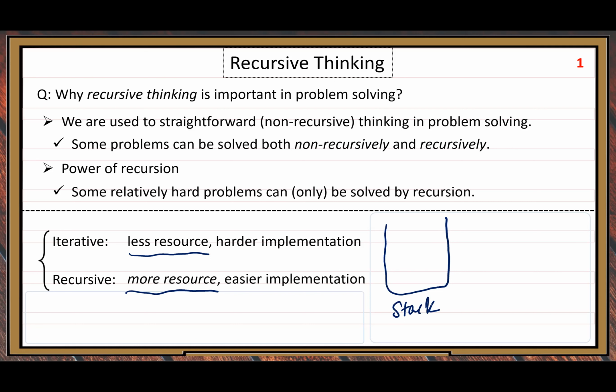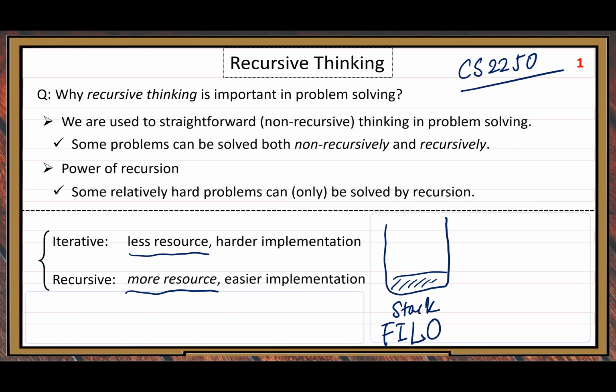In CS3250, you learn this data structure, the stack data structure. The stack has the property first in, last out. The first item you push in is the last one that comes out.